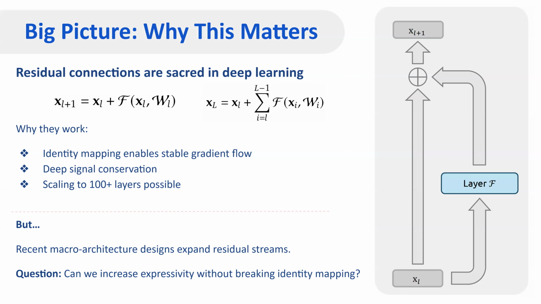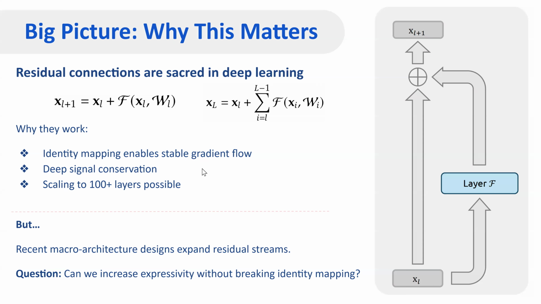So it's possible to scale these residual layers to more than 100 layers on top of each other. And even if this part becomes zero, it's identity and the gradient again flows easily.